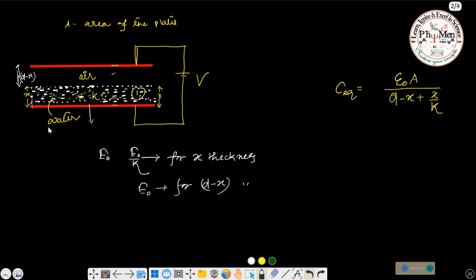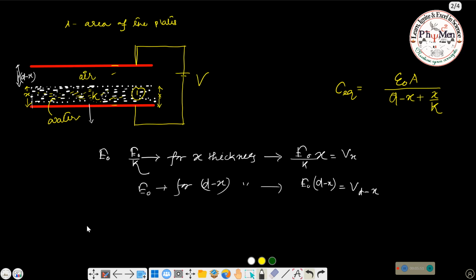Here in x thickness, the potential difference is, we know, E into d, so it is E naught by K into x. This is Vx, and this is V d minus x, so it is E0 into d minus x.